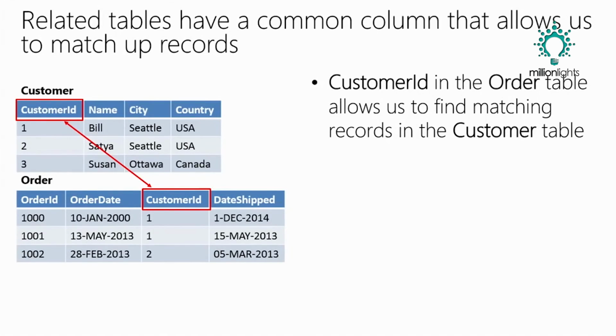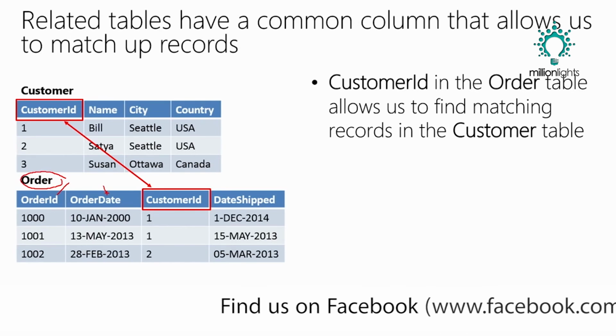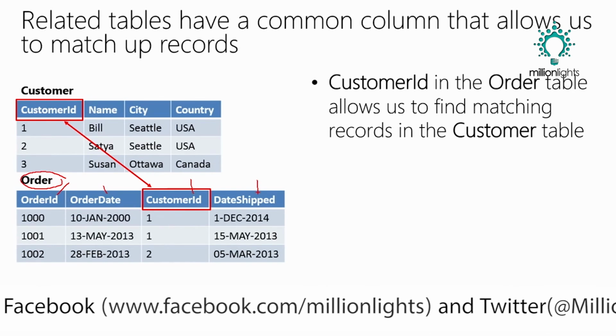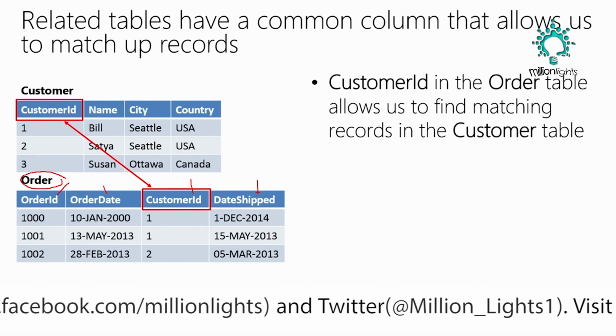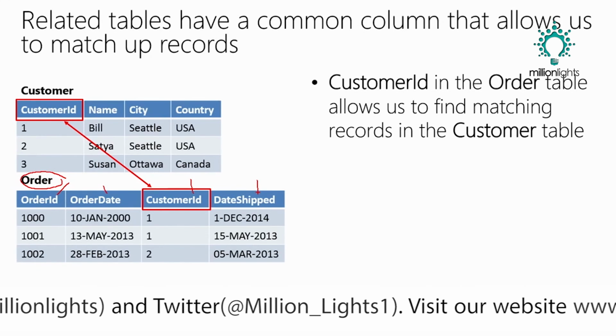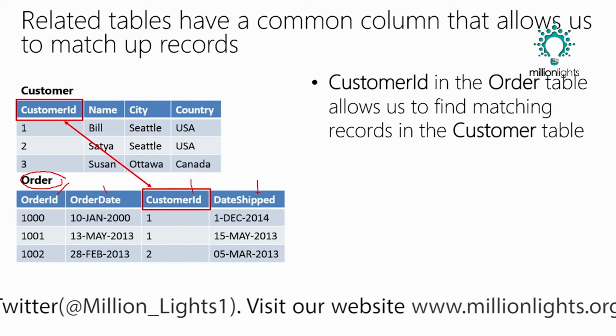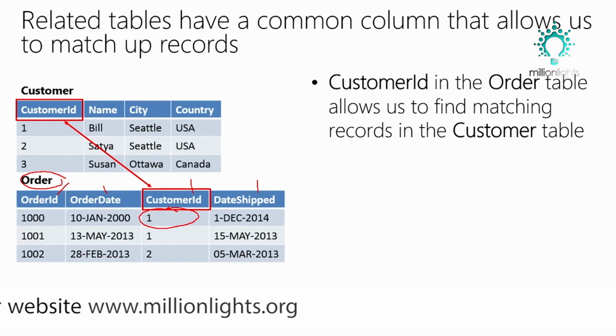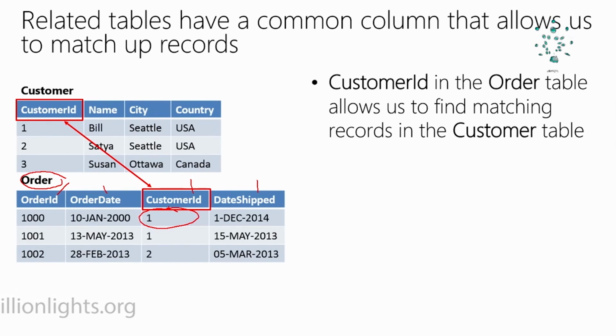So if we take a glance at the slide, you can see here that on the customer table, for every customer, I know their customer ID, name, city, and country. For every single order, I know their order ID, the order date, so the date the order was placed, which customer placed the order, and the date it was shipped. But instead of storing the name of the customer and all the information about the customer on every single order, all I do is store the customer ID of the person who placed the order, so customer ID number 1.